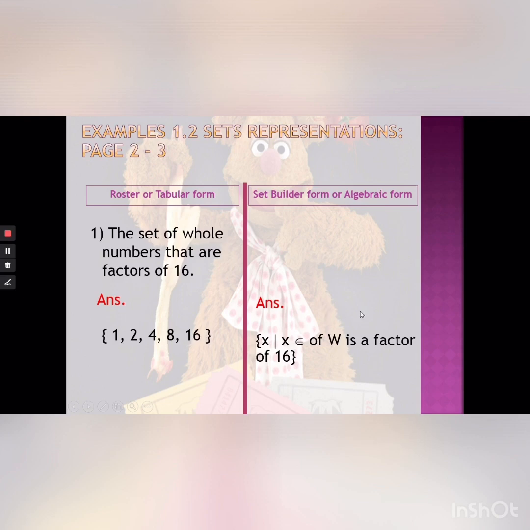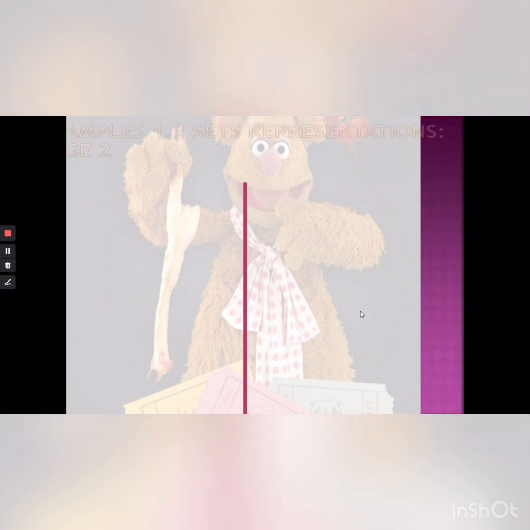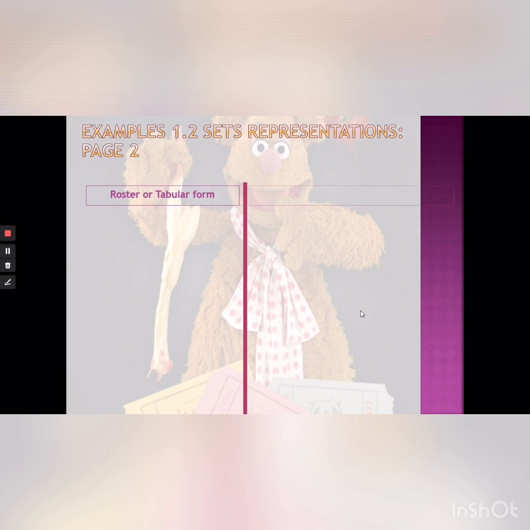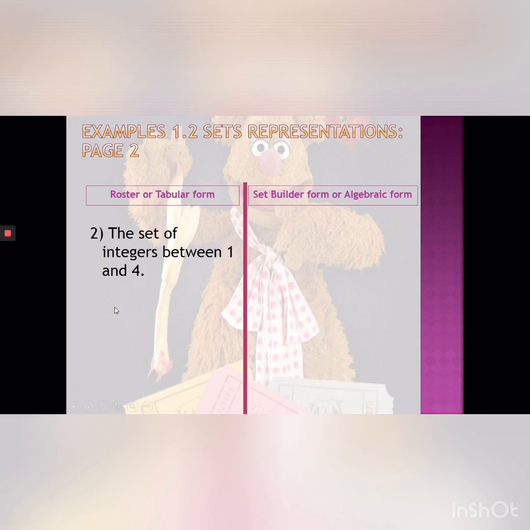Now I'll give more examples so you can have a better understanding of this topic. For example number 2, we have the set of integers between 1 and 4. When you say between, it means in the middle. What are the numbers between 1 and 4?